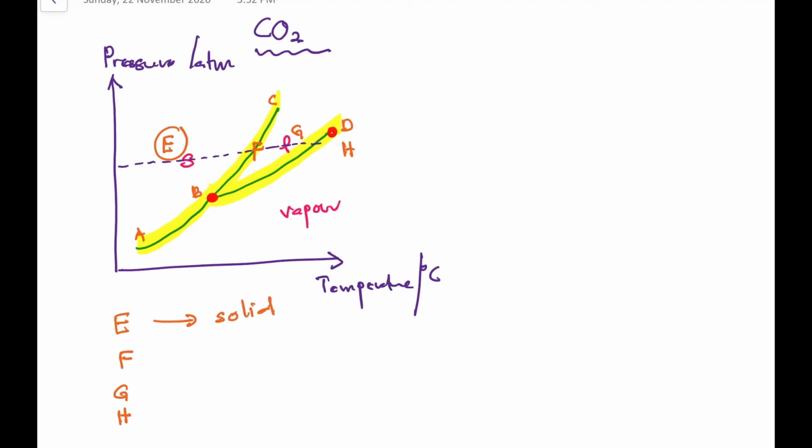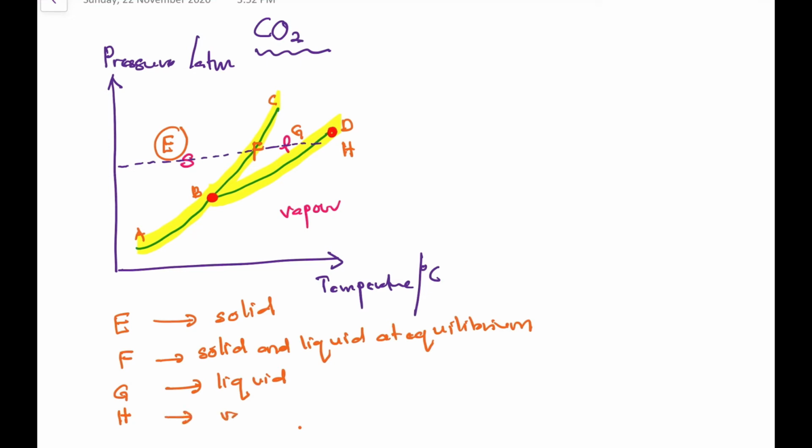At point F, it is on curve BC, which is the melting curve. Everything on a line or curve is at equilibrium. So for point F, it is solid and liquid at equilibrium. If we look at G, G is in the liquid region, so G is only liquid, and H is in the vapor region, H only exists as a vapor.